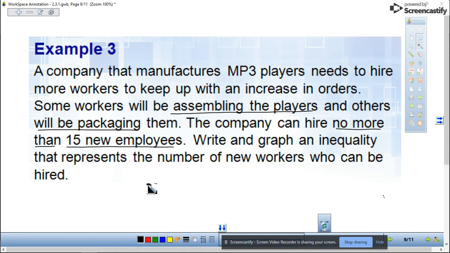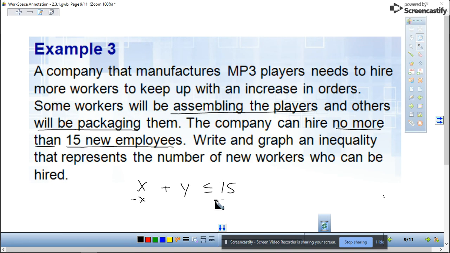All right, so that means that if X is the number of people assembling, so X is assembly and Y is packaging, then those two things put together would have to be less than or equal to the total, which is 15. Okay, so I want to graph that. The first thing I need to do is get it in slope-intercept form.